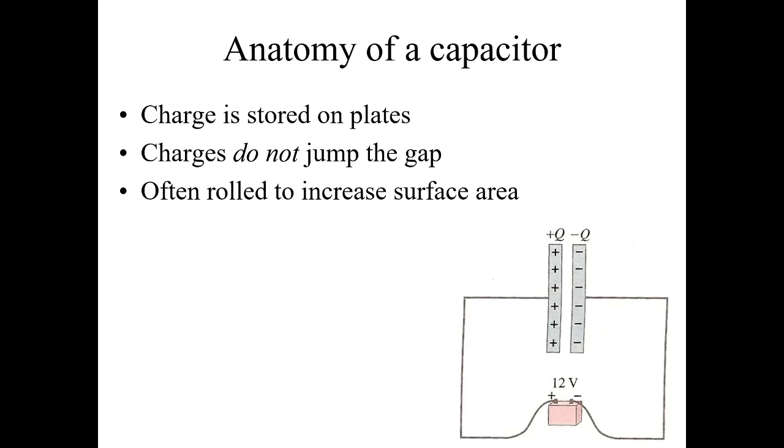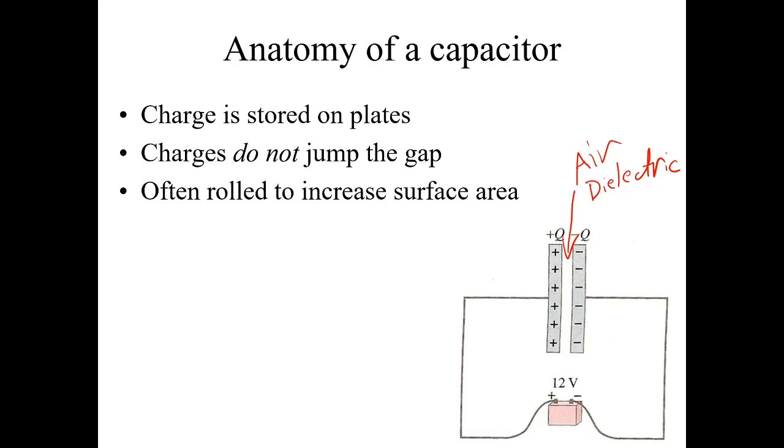So as we said, the charge is stored on plates, and there's a gap between them. Sometimes that gap is air, and sometimes it's a different material that we'll see later called a dielectric. The charges can't be connected. If the two metal plates were connected, well, electricity would flow.